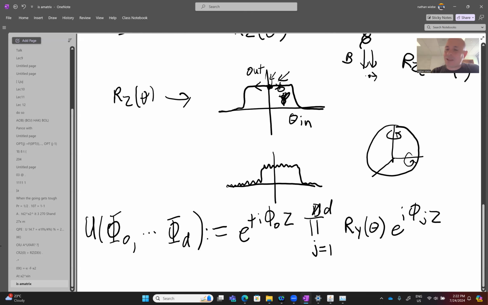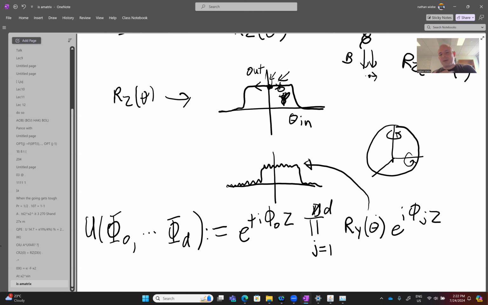All right. So in any case, by repeating these over and over again, our hope is to implement a non-linear transformation on the input rotation angle phi to build a function that looks like this. Now, it seems strange, right? Because you'd imagine you've got all of these different operators coming in, and they're all linear operators.